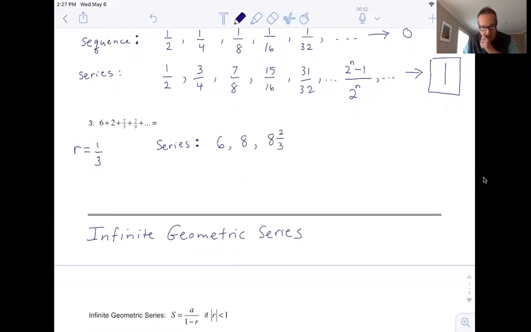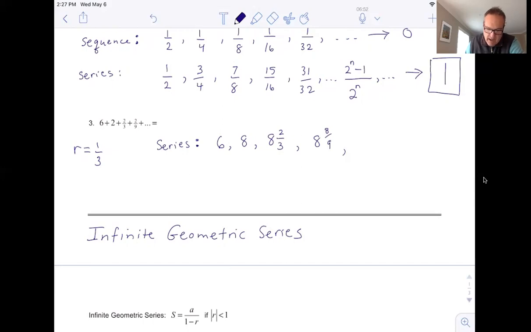Then if I add 2/9 to that, you're going to end up with 8 and 8/9.